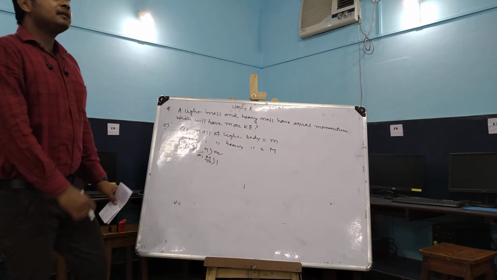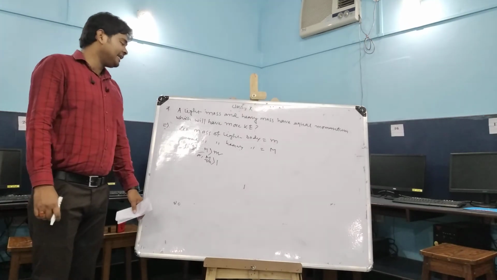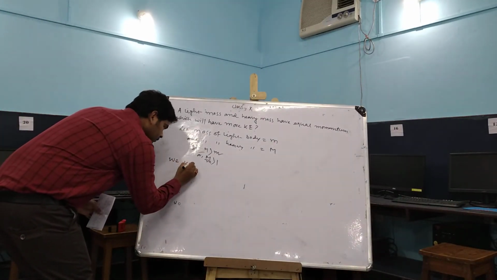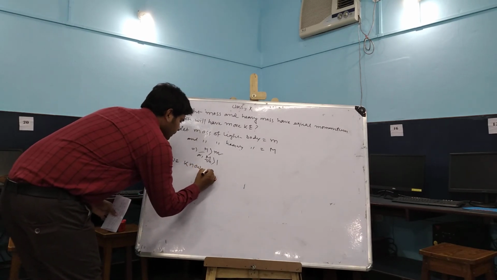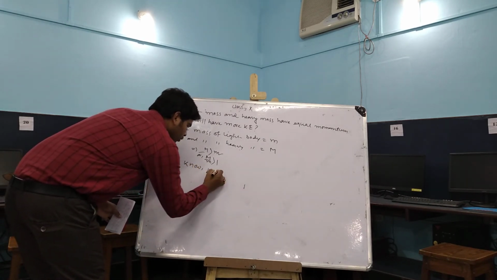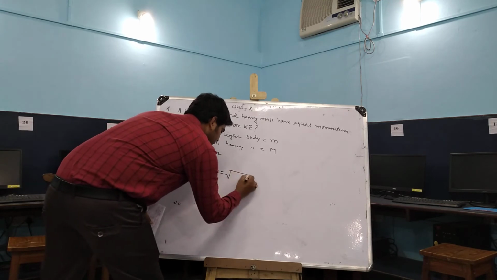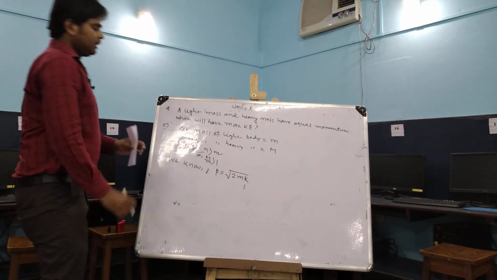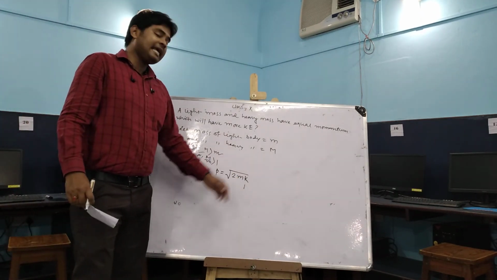Now we know the relationship between kinetic energy and momentum: momentum P is equal to under root of 2mK, where m is the mass and K is the kinetic energy.